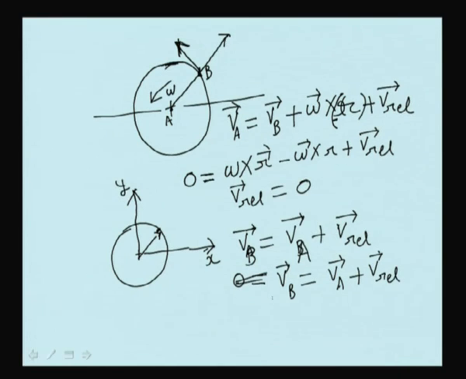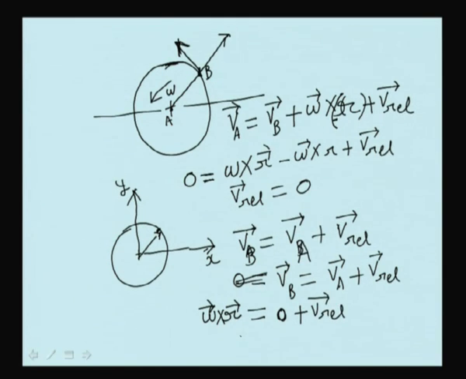Now, VB is known as omega R, in the tangential direction; we can write in vector form omega cross R equal to VA, that is 0, plus VL.